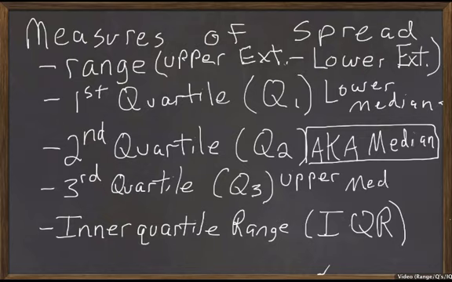And then the fifth thing we're going to figure out is the interquartile range. It's similar to finding the range. You're subtracting, but in essence, it's really just the third quartile, Q3, minus the first.